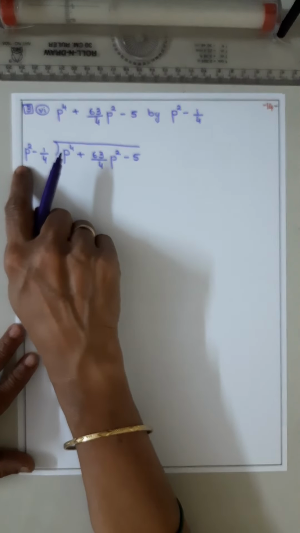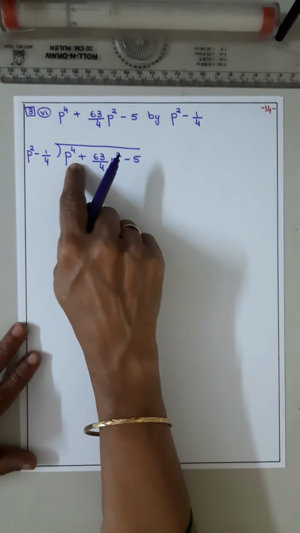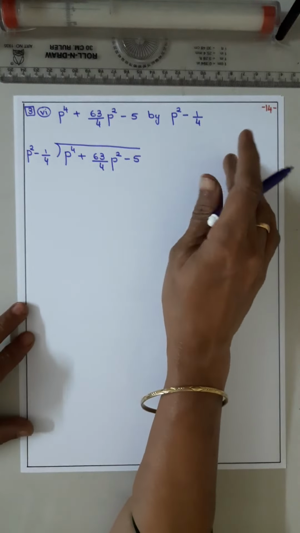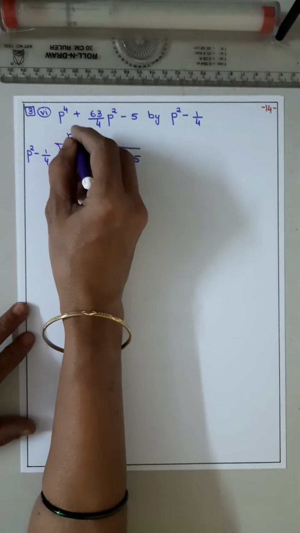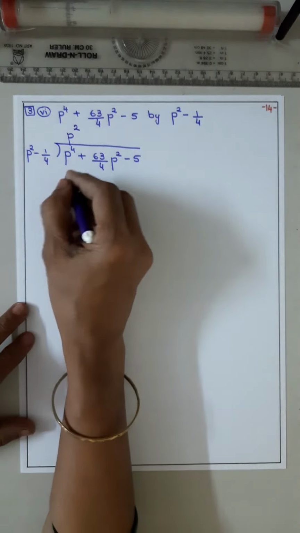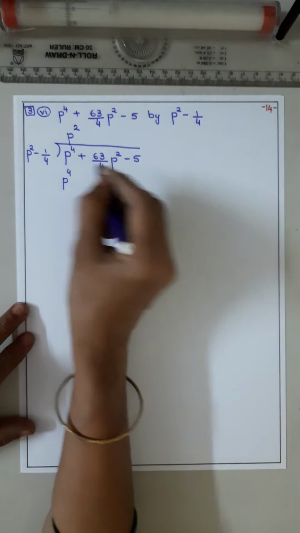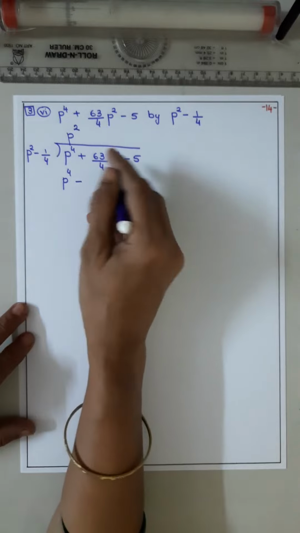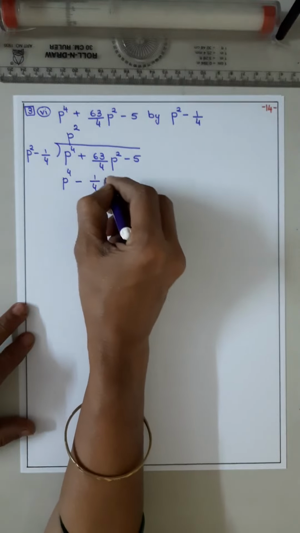See here again it is p squared and here it is p to the power 4. So directly we can divide. So p squared into p squared will be p to the power 4, plus minus 1 by 4 p squared.